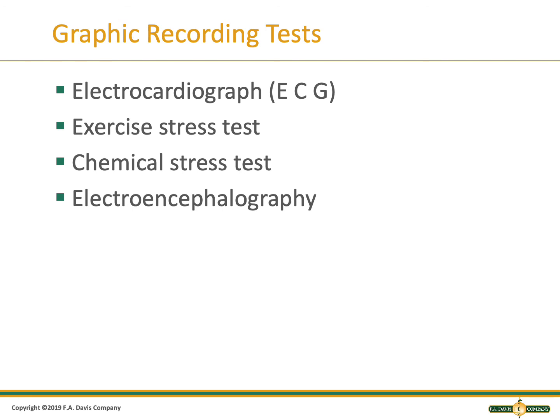Okay, there's also something called an exercise stress test and a chemical stress test. And then the electroencephalography, or EEG. That's when they put electrodes in the scalp and they record electrical activity of the brain, or brain waves.